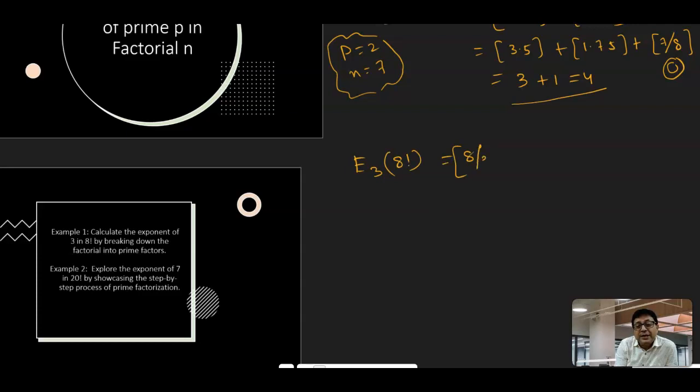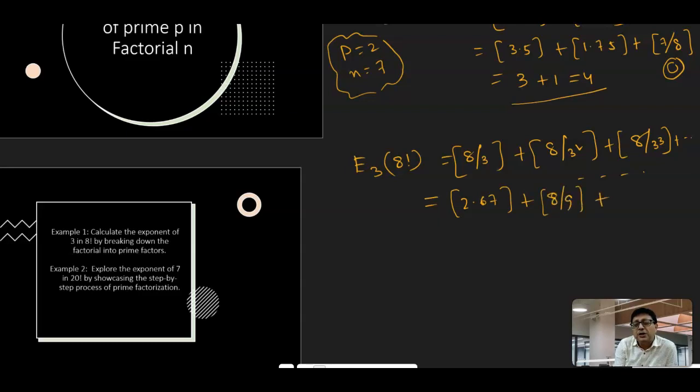This will be 8 by 3, n by p, plus n by p square, plus n by p cube, and so on. 8 by 3 is approximately 2.67. See, 8 by 9 has become a proper fraction. We should not continue. All are going to be 0. So the answer is 2. So the prime factorization of 8 factorial contains 3 twice.